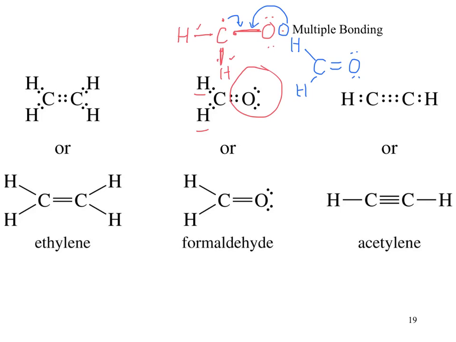Now realize that when you're thinking about the Lewis structure, there's 2 ways really to get to the Lewis structure. One, the way I explained the formaldehyde molecule, is the valence electron method. So basically, all you need to know is the number of valence electrons, and you can get that directly from the group number.